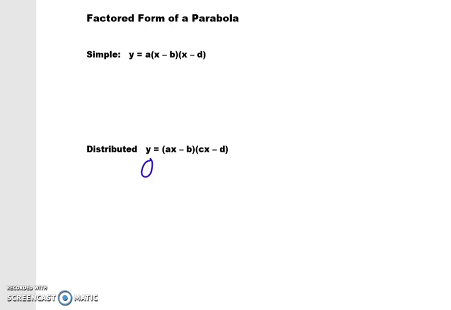So, if y is equal to 0, either this piece has to be 0. We could write that out: ax minus b has to be equal to 0, or the other piece has to be equal to 0: cx minus d equals 0. For the same reason, if two things multiplied together give you 0, either the one is equal to 0 or the other one is equal to 0.